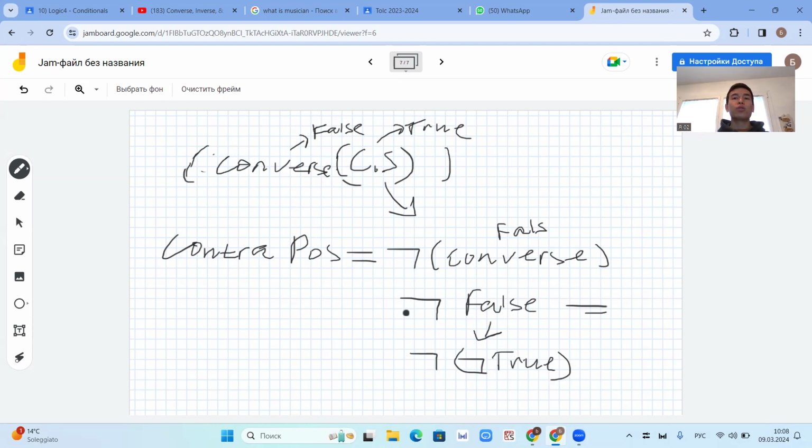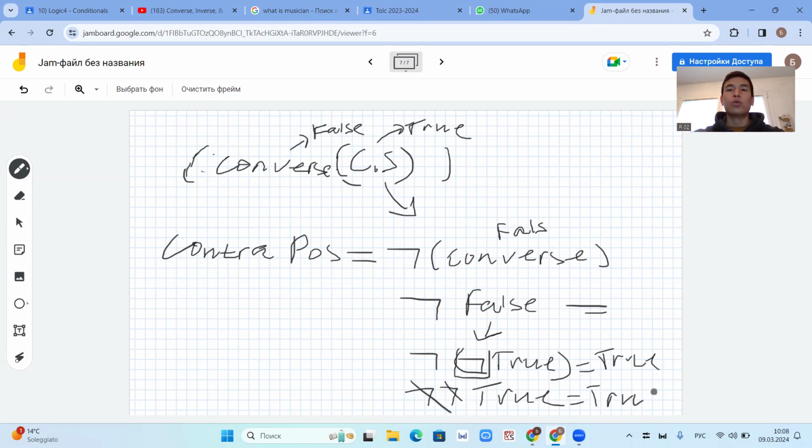Смотрите, ложь – это неправда. Как бы есть приставка, да? Типа неправда. И неправда будет правдой. I mean, not true. Do you remember the double negation, that the nots cancel out and we are left with just true?